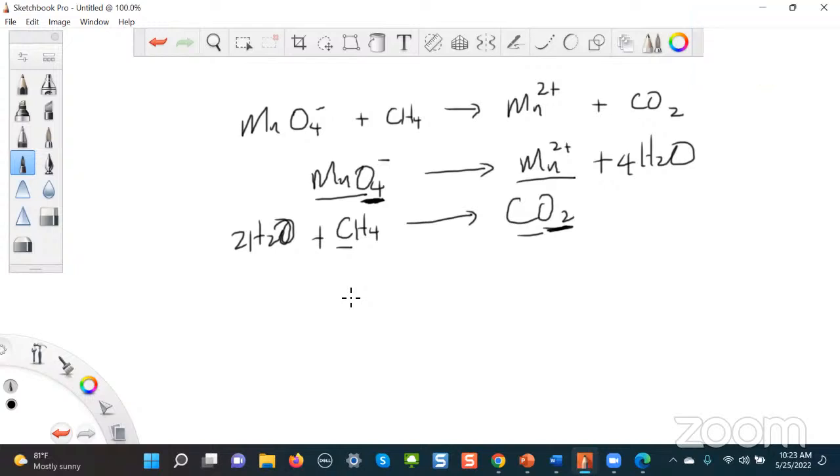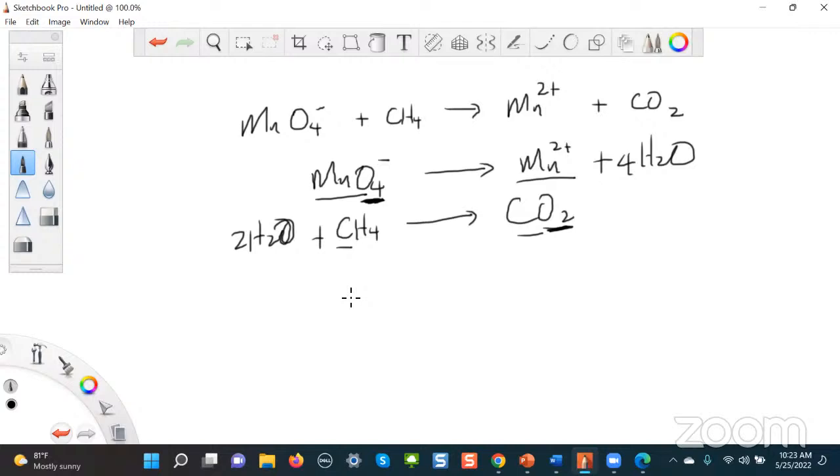We add the electrons to each side. Nope. You're skipping over one important step. After balancing the oxygens, the next step would be to balance what?